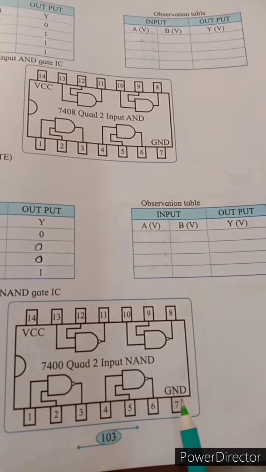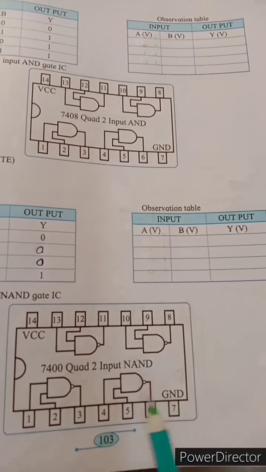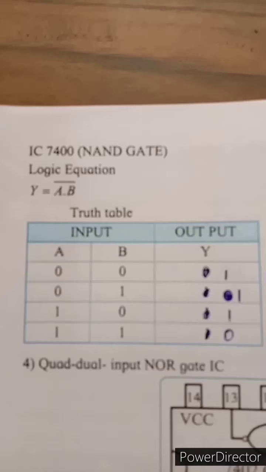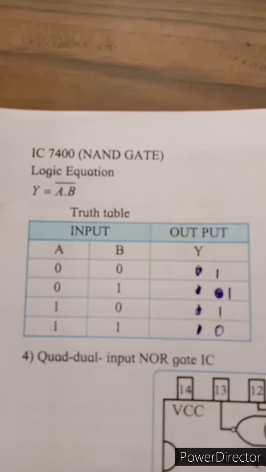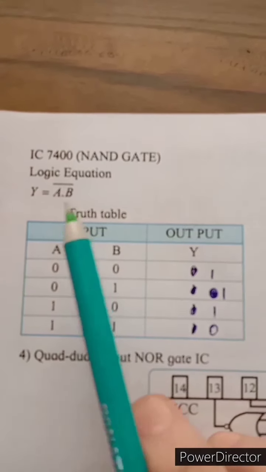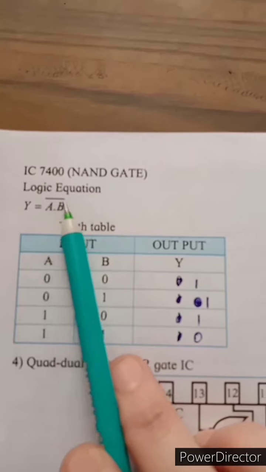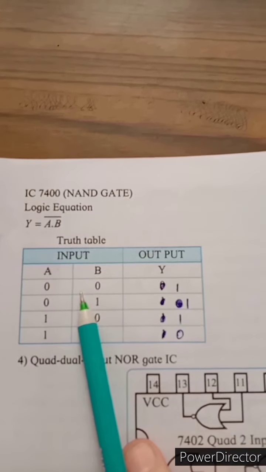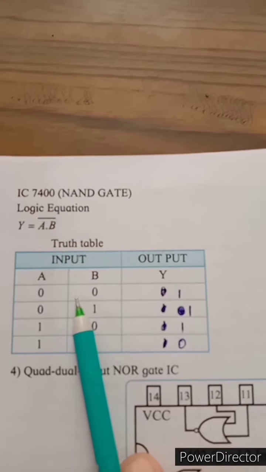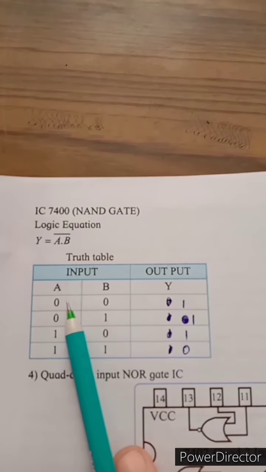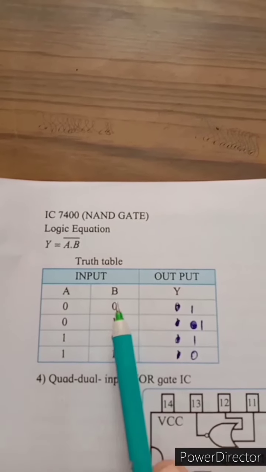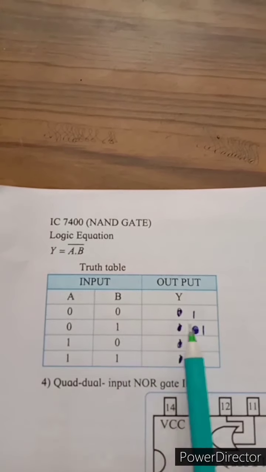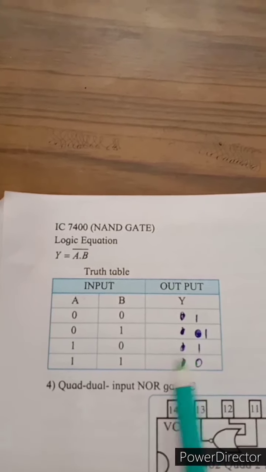For the IC connection, 7 is always connected to ground and 14 is always connected to VCC. The Boolean equation for this NAND gate is Y is equal to (A dot B) bar, that is the inverse. So it will give you output high if any of the inputs is low or both the inputs are low.